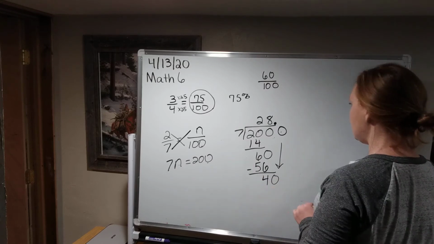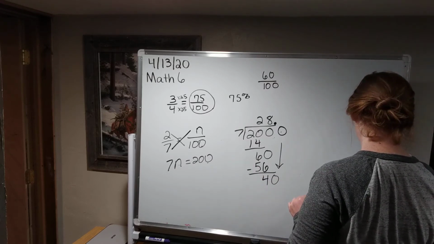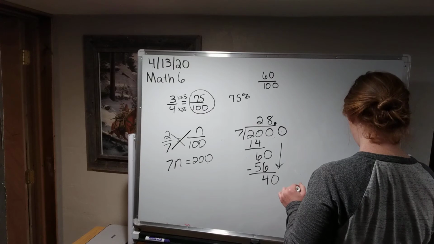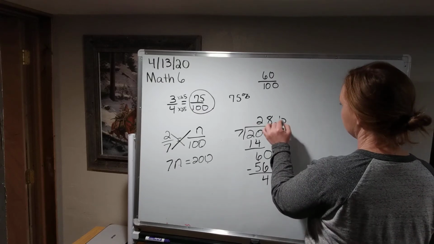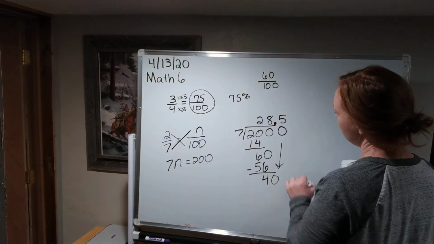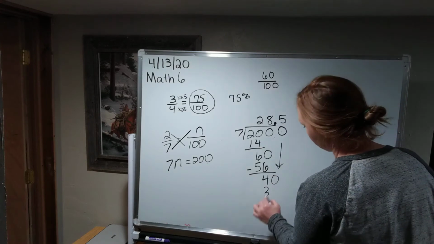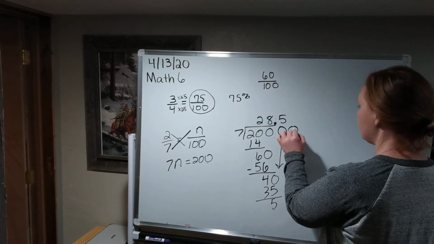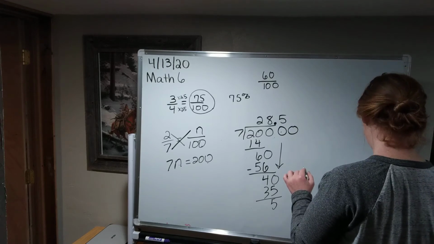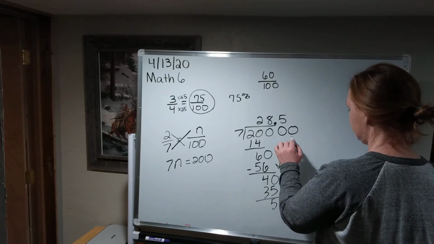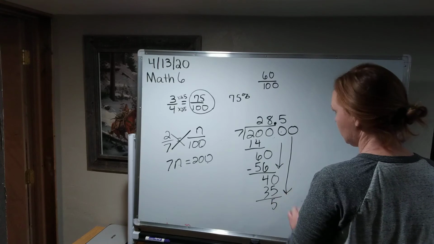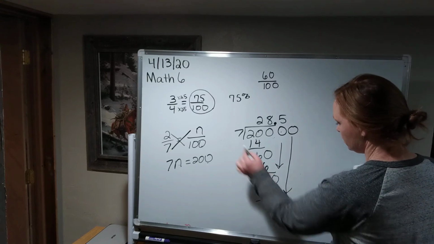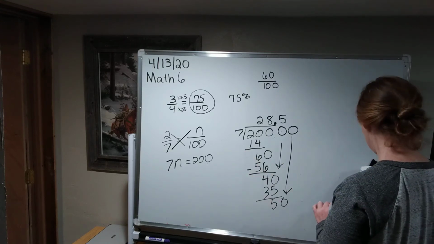7 will go into 40 5 times. Okay, so 7 times 5 is 35. Bring down my 5, add a 0. Bring it down. 7 will go into 50.